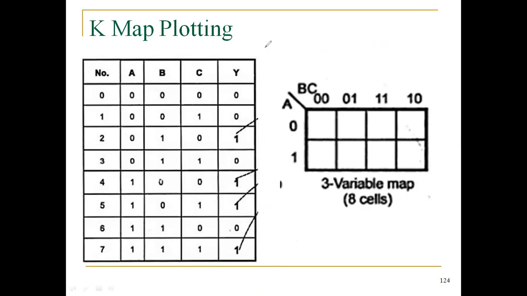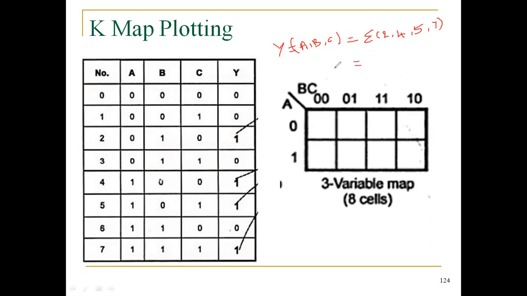Suppose the problem is like this: y of a, b, c equals summation of, since it is a SOP problem, 2, 4, 5, 7. This is the problem. Like this only, the problem will be there in your examination.